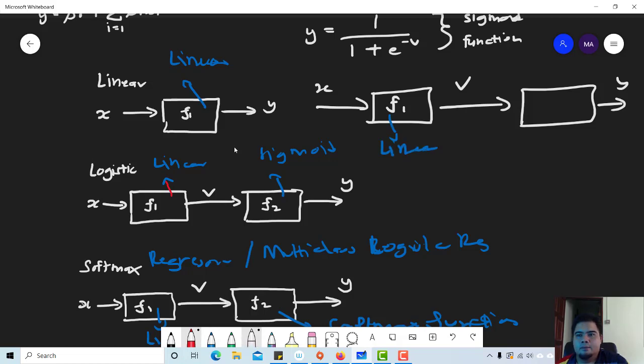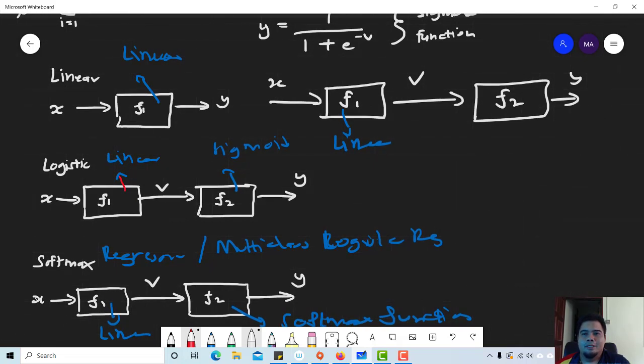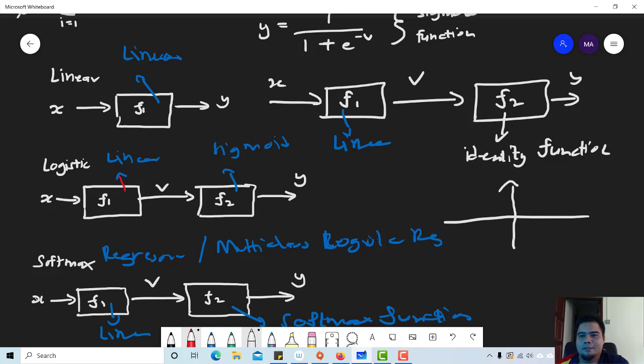And then how do you make your f2 if you want to make this equivalent to this one? Of course, one way is you can set your f2 as what we call the identity function. So what is the identity function? Those who have taken image processing might be familiar with this function. What is the identity function? It should look like this.